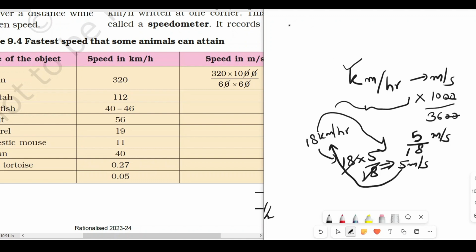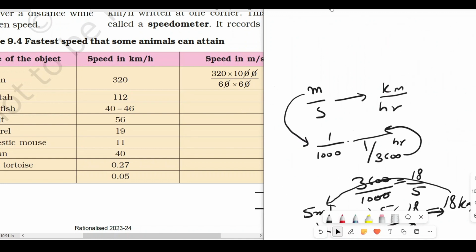So the bullet point to note here is that if you want to convert kilometers per hour into meters per second, you multiply by 5 upon 18, right? And if you want to convert meters per second into kilometers per hour, what do you do?